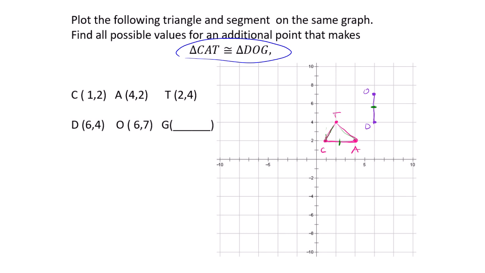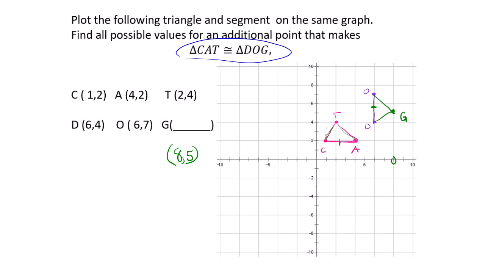I'm going to go right 2 and up 1. That would give me a new coordinate for G at 8, 5. So that would be one possibility, 8, 5.